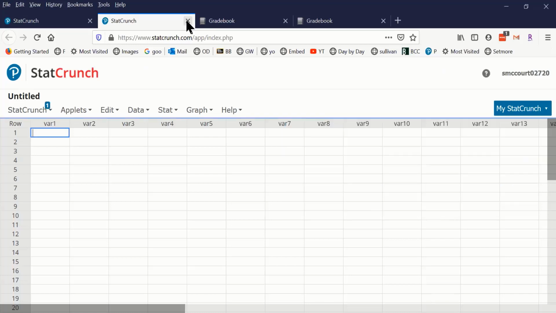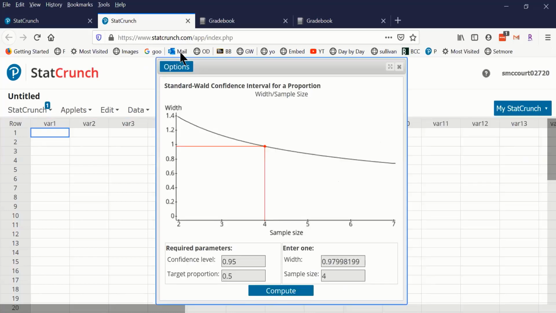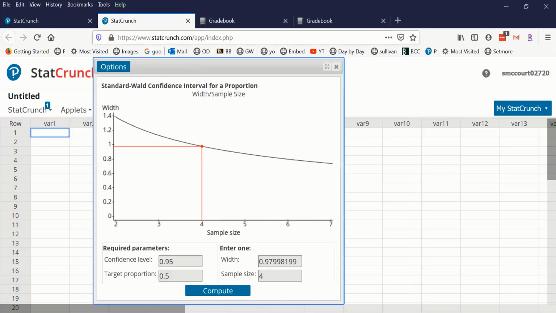From StatCrunch, we're going to use Stat, Proportion Stats, One Sample, and Width Sample Size, which brings us to this.